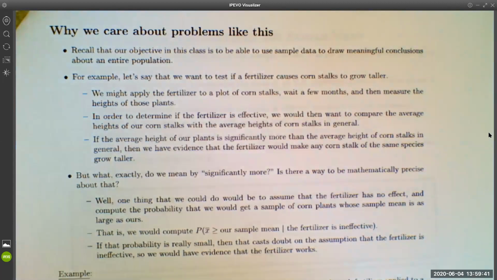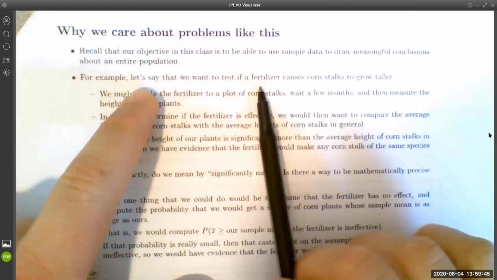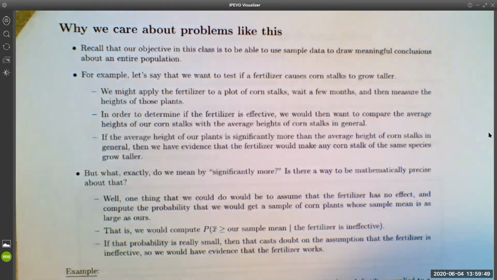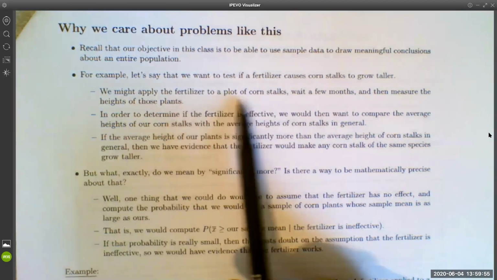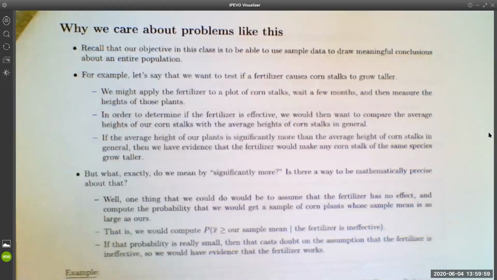So, let's say that we want to test if a fertilizer causes corn stalks to grow taller. So we need to go out and test to see if that's true. What we might do is apply the fertilizer to a plot of corn stalks, wait a few months, and then measure the heights of those plants.